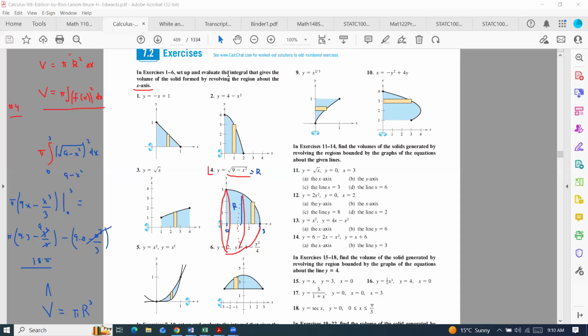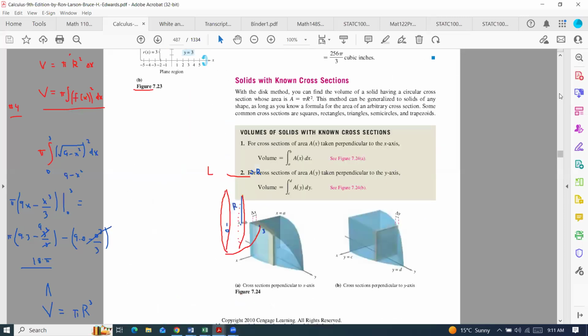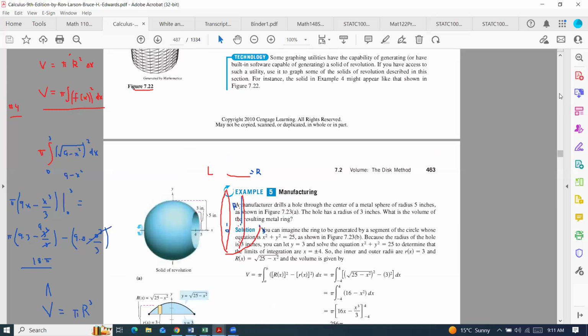Well, anyways, so that's what we learned to do last time. So it could be an exercise with one solid, or it could be an exercise with two solids. I think it's a good idea for me to do an exercise like 5, because actually, let me just show you on the picture.